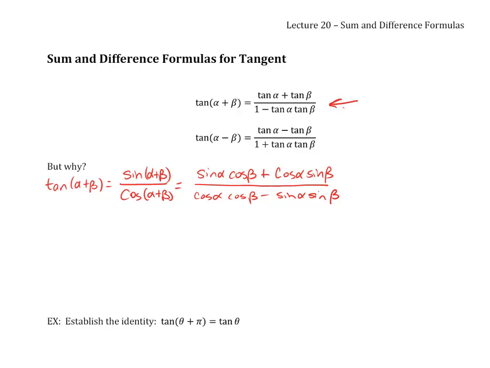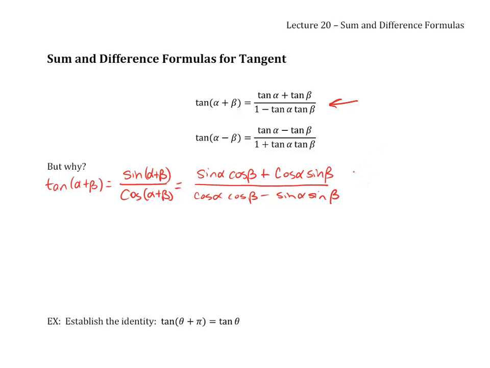Now you need a little, I guess, creative algebra in order to turn this back into something that involves only tangents. If we leave it in the form that it is right now, we've got a sum formula for tangent in terms of sines and cosines. And while that may be helpful, we prefer to be able to convert it from tangent of the sum of angles to tangent of the individual angles.